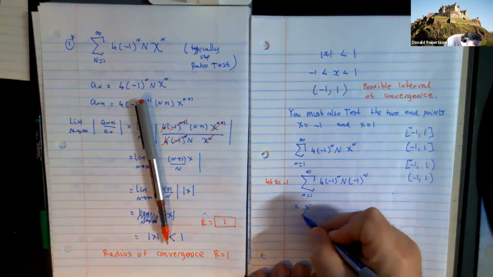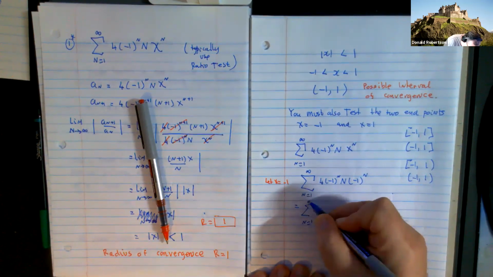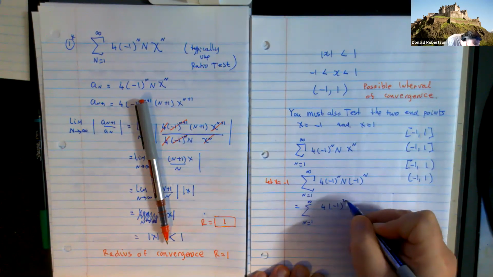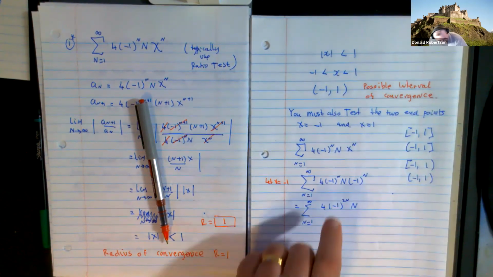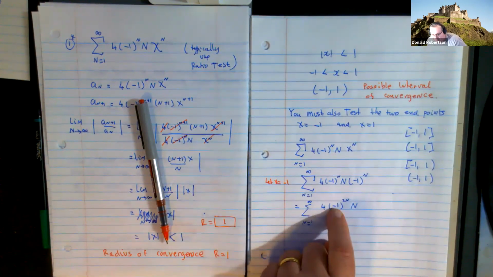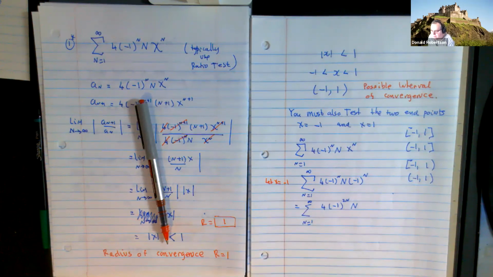Well, if I do a little bit of joining together, isn't (-1) to the n times (-1) to the n the same thing as (-1) to the power of 2n? Can you imagine multiplying them together? Something to the n times something to the n, something to the 2n. Oh, that's good.